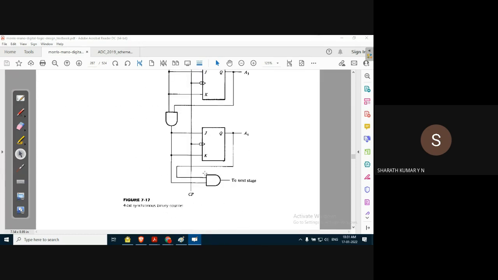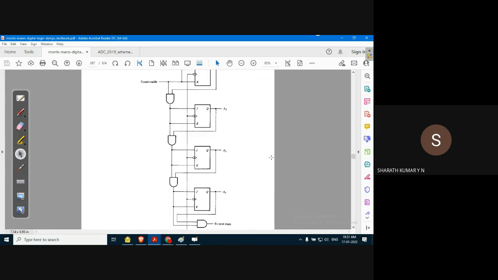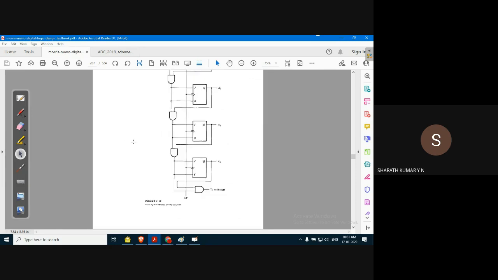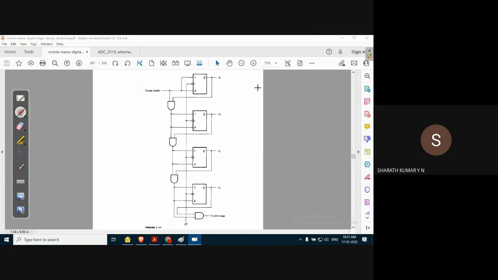In this synchronous counter, the difference is what we see here. This is a 4-bit synchronous binary counter. Binary counter means the initial count is 0000, up count.